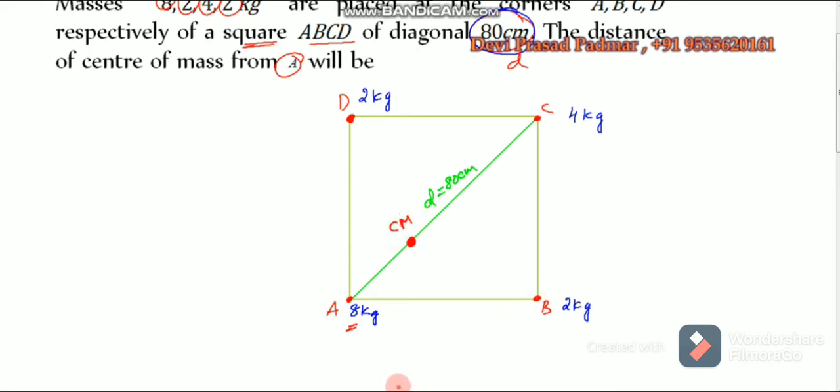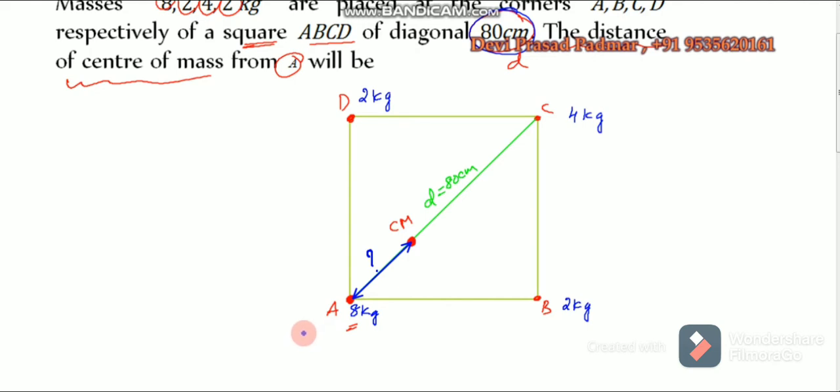Now what is our question? The distance of center of mass from point A, that is what you need to calculate.